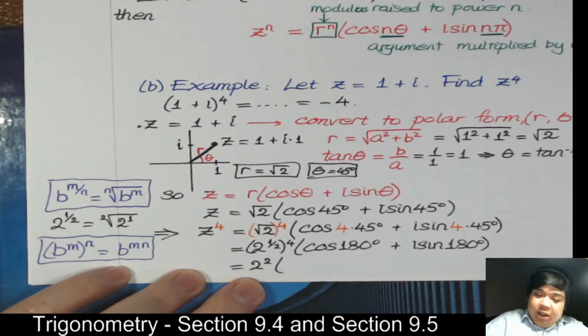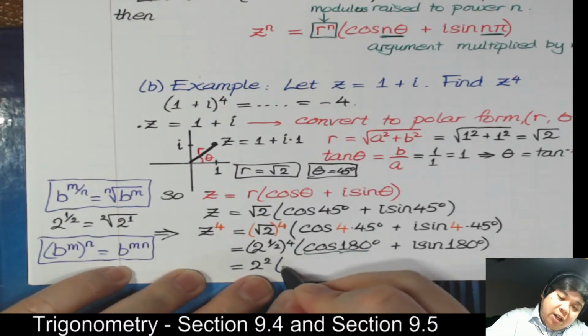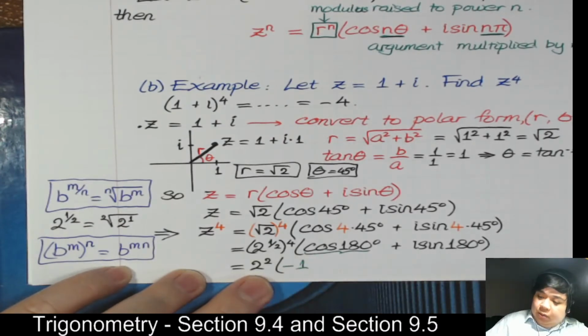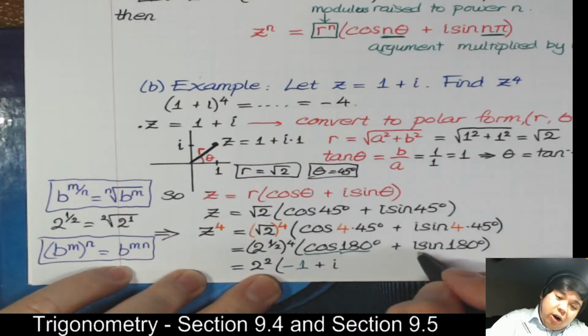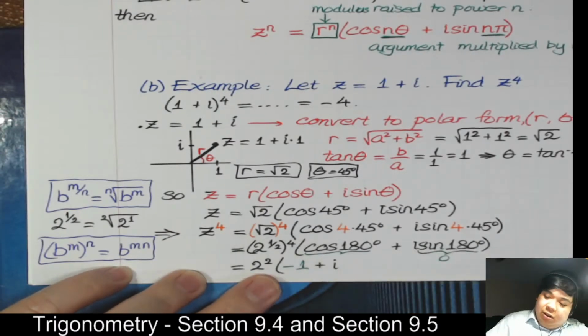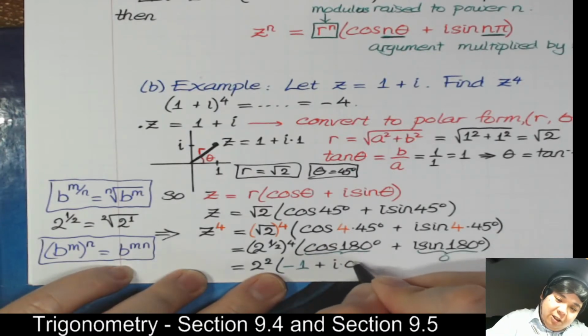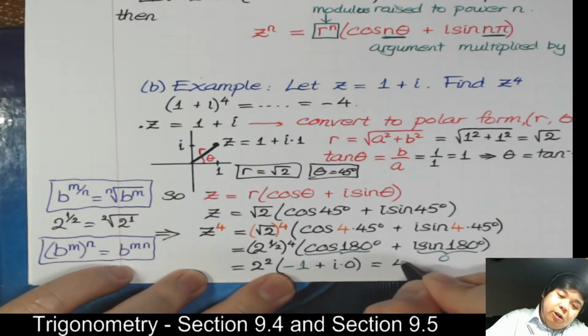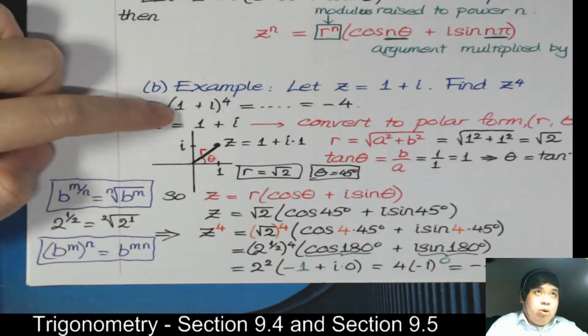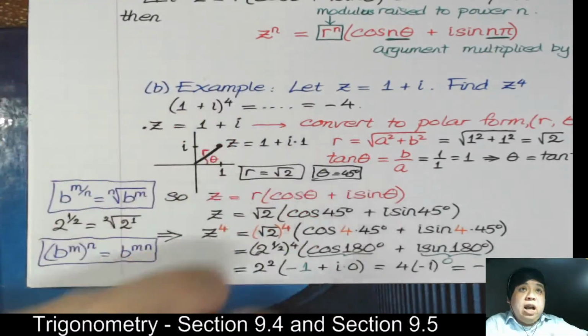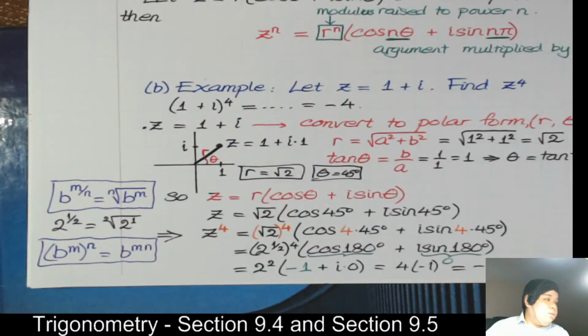Cosine of 180 degrees is -1, and sine of 180 degrees is 0. So we have 4 times -1, which is -4. Of course we can use a calculator. So the modulus is raised to the power, and then that power we multiply to the argument.